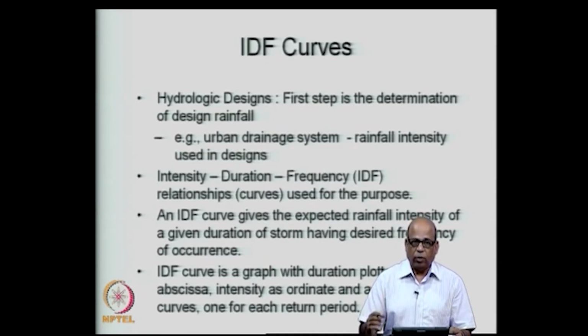Let us say you are talking about urban flooding. We may be talking about return periods of the order of 5 years, 10 years and so on. Whereas, if you are looking at the designs of spillways, then we may be talking about return periods of the order of 100 years, 500 years and so on.